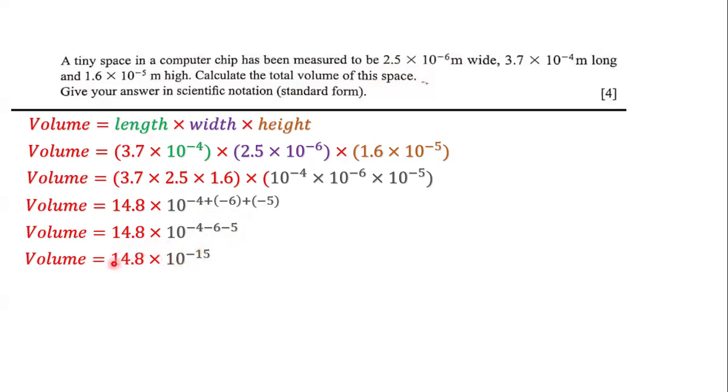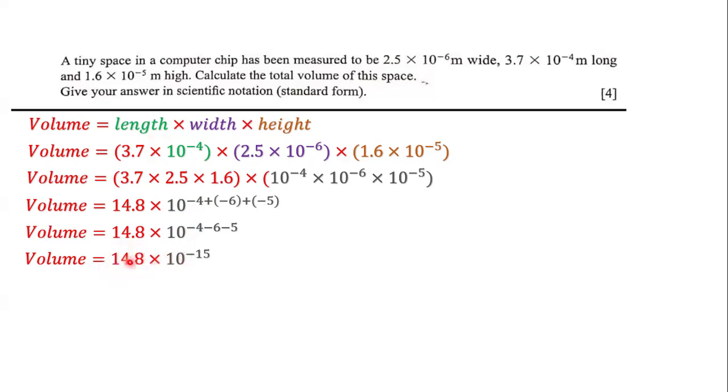Now, this is not in scientific notation as yet. In order to express this in scientific notation, this term right here has to be a real number from 1 to 10, but not including 10. But this number here is greater than 10, which is why this expression is not in scientific notation.